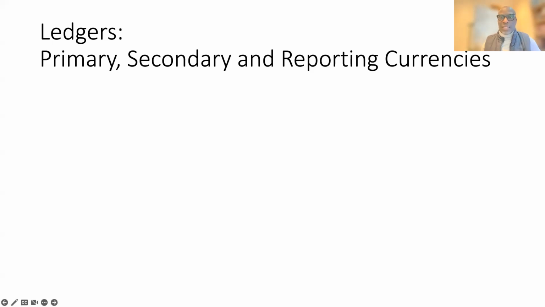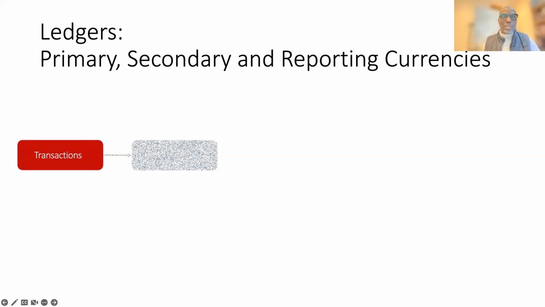So three types of ledgers. The first one is a primary ledger. When you create your transactions from your sub-ledgers, you then need to send those transactions to GL.